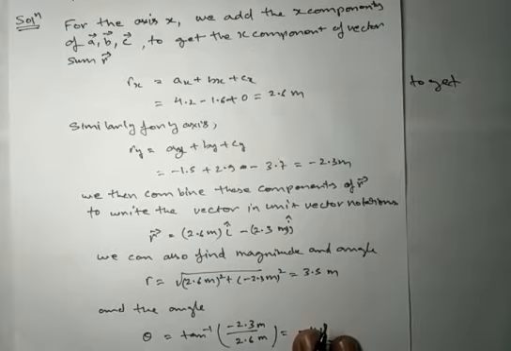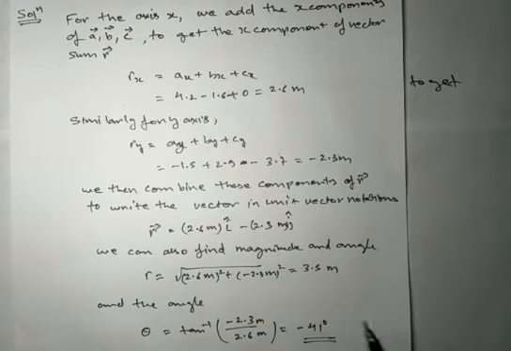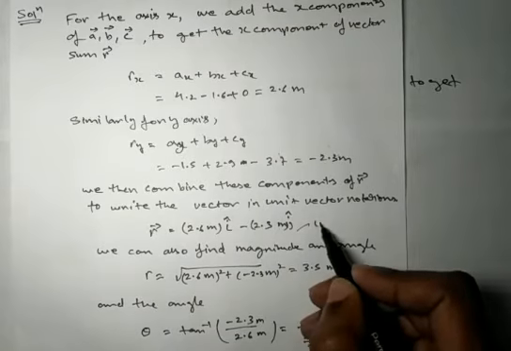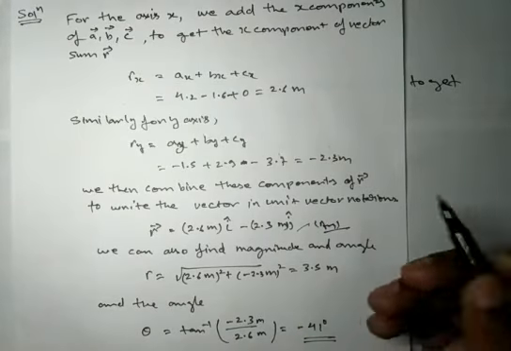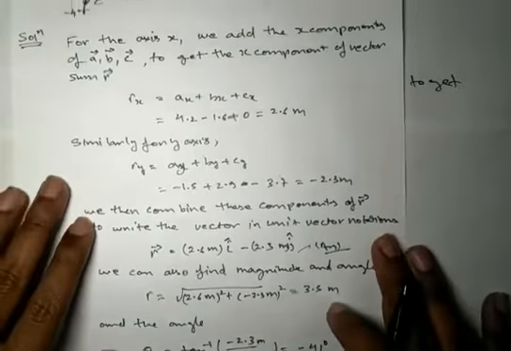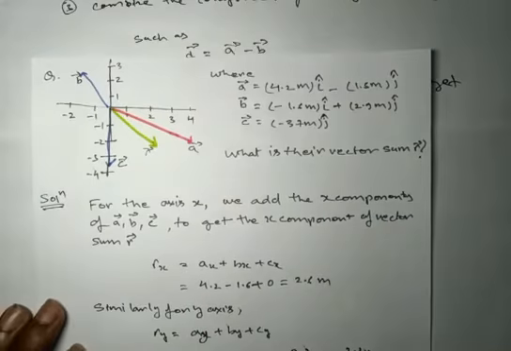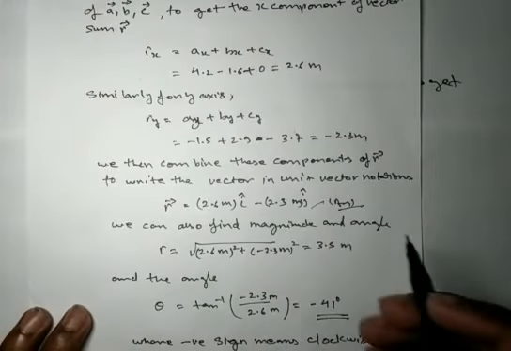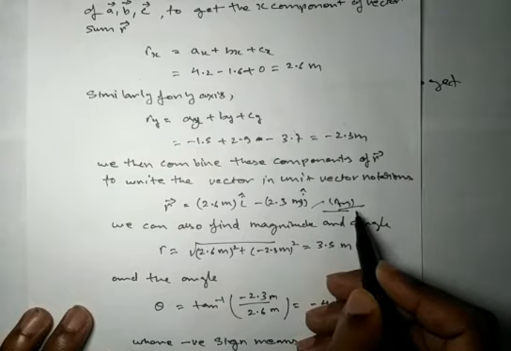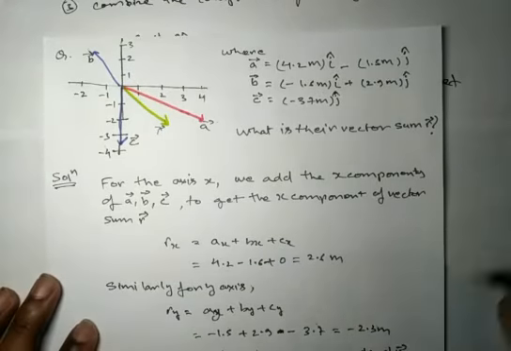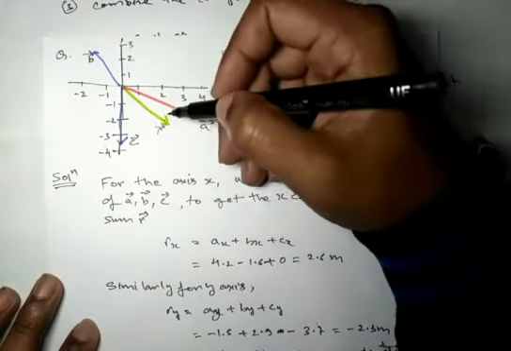We can also find a magnitude and angle from this equation. This is the particular answer which is required in this question, the resultant vector.